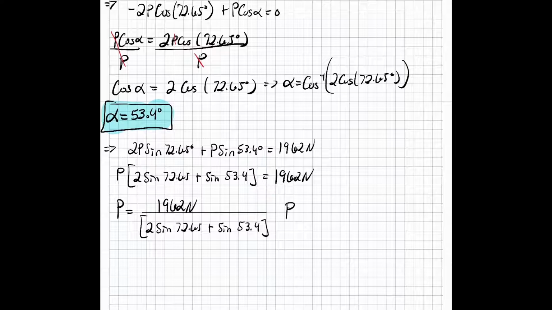Solving that number out, we get p to be 723.5 newtons. You can go ahead and, if you want, round that up to the whole number of 724, but I went ahead and just did it to the first decimal place. Okay. Moving right along. Of course, if you have any questions or you get kind of lost, feel free to pause the video and catch up to where we just left off.